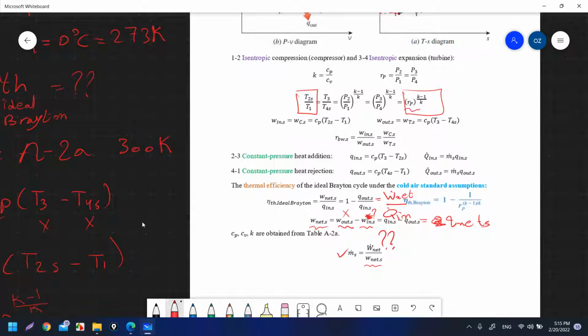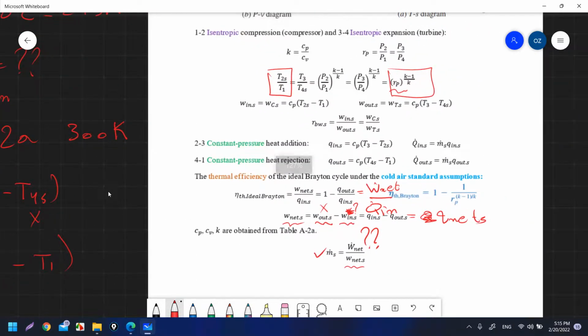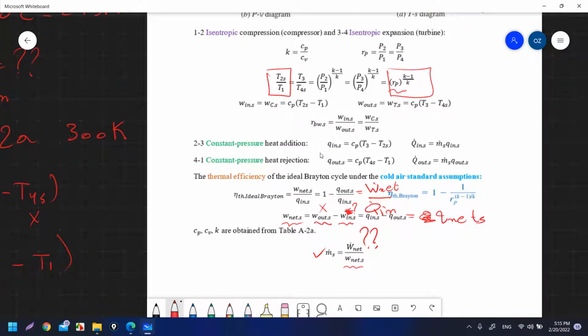So how can we find the work net S? Actually, we still didn't use the equation for Qn. We used this equation directly because we were given the Q dot ns, but we didn't use this equation for QNS. We calculated T2S, and I have CB, I have QN, which is 500, so I can use it to find T3. That is the way of finding T3.